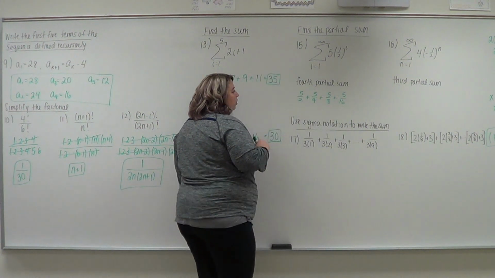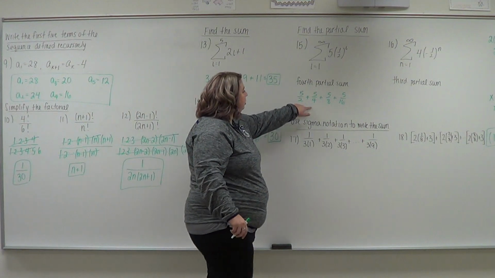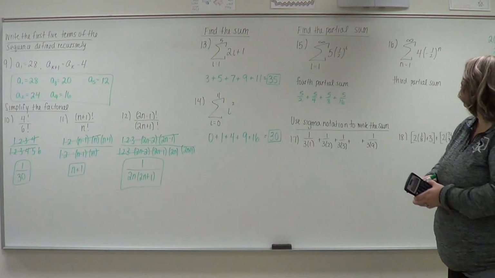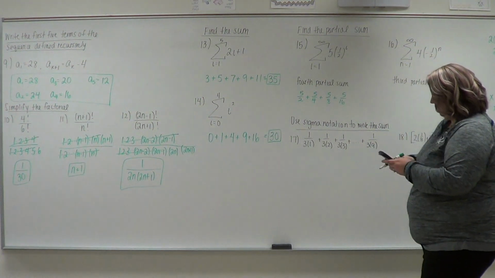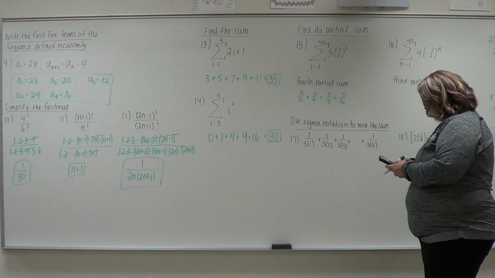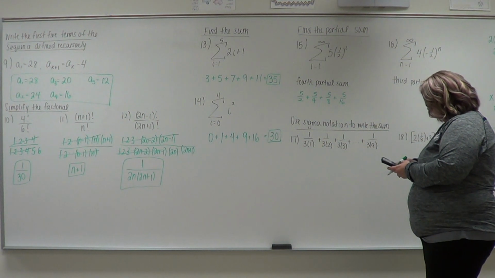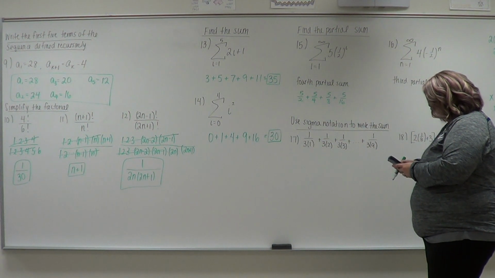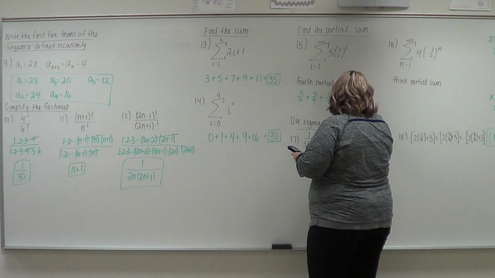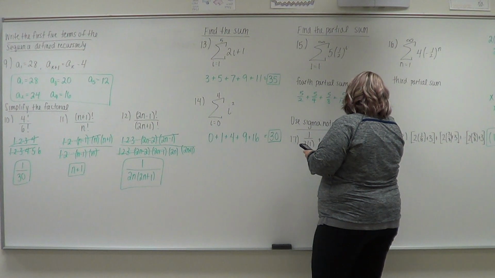Since I just want the fourth partial sum, I'm just going to add the 4 terms that I found together. If you want to do it by hand, you would just get a common denominator. I don't want to do it by hand, so. You would get 4 and 11 sixteenths.